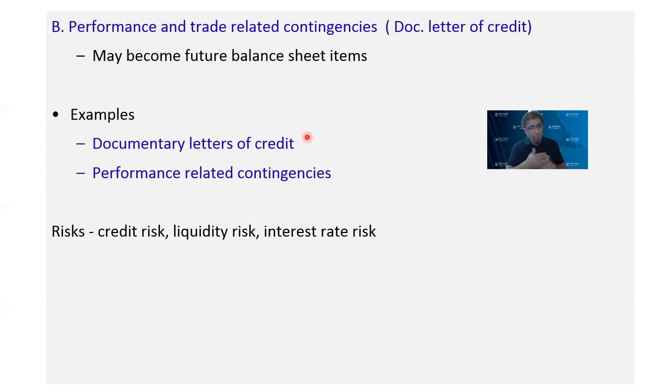So for all of those guarantees, the bank's client is the person whom the bank is guaranteeing to do the business as per the contract. If he doesn't default and performs well, nothing will happen to the third party.